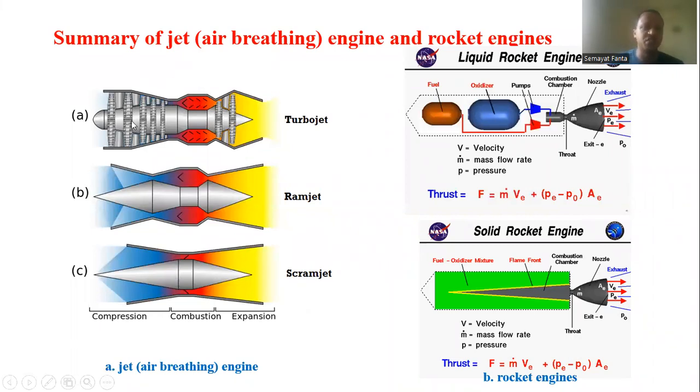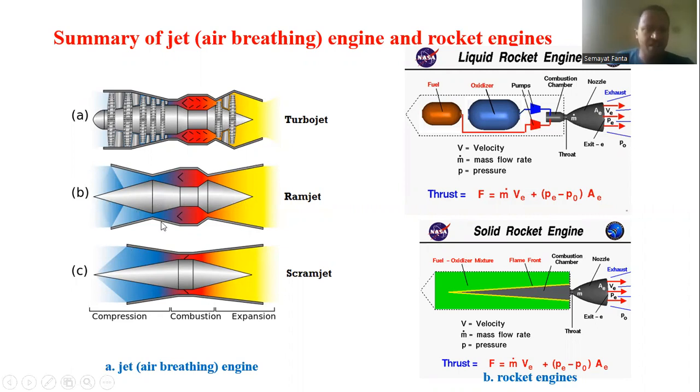So these are some of the summary of what we have discussed above. This is a turbojet engine having compressors with blades, 5-stage compressors. We have a combustion chamber. We have 2-stage turbines. We have an exhaust nozzle. Okay. Again, this is a ramjet engine having a diffuser with this kind of shape.